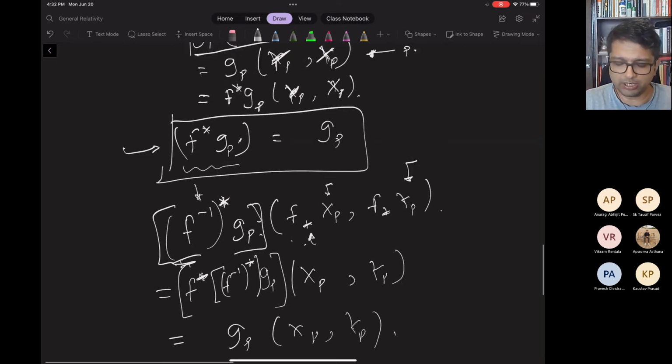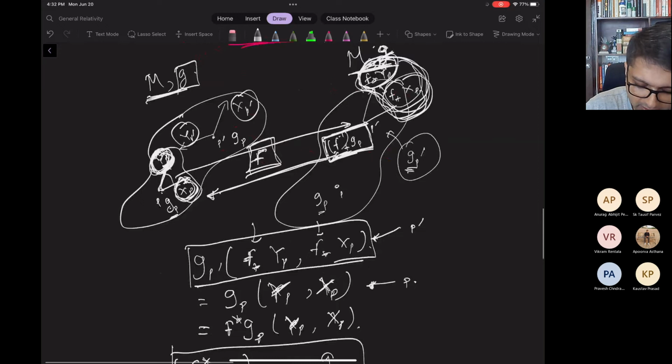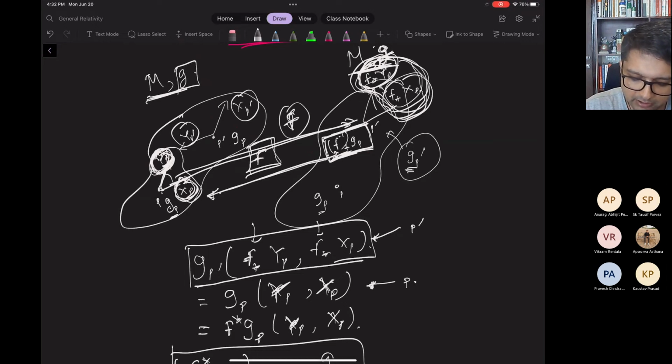Okay, so you get nothing interesting if you also push forward the metric and you also push forward the vectors. Then very trivially, it will always be true for any map F that the inner product will be the same.